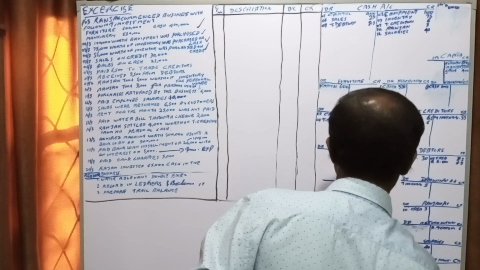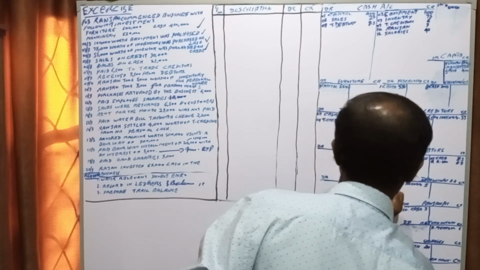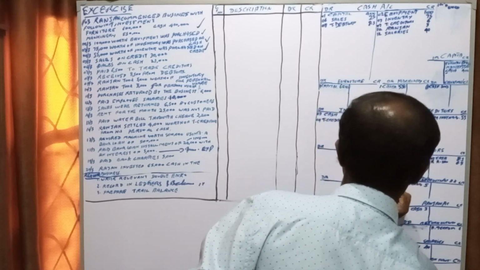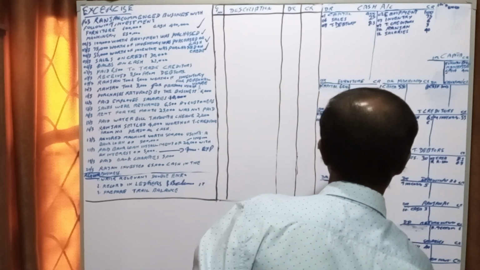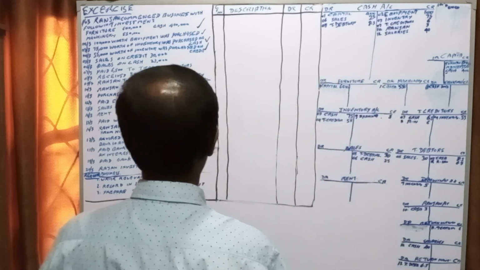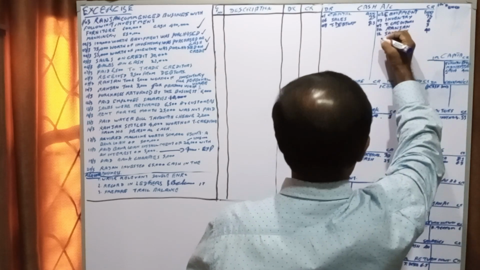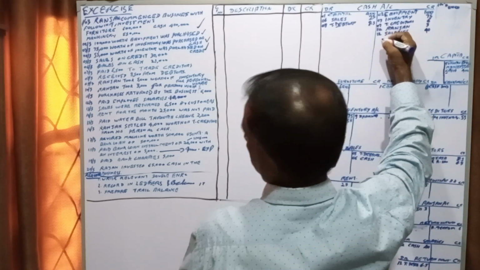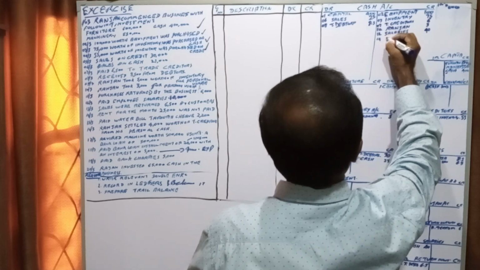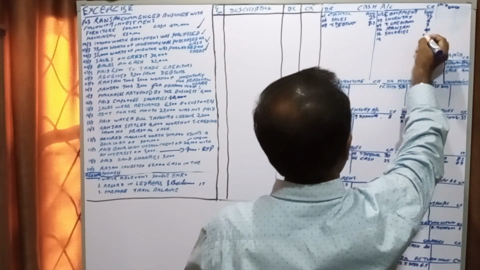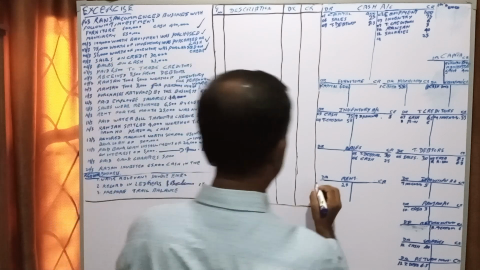We will say rent account, here DR. Debit 25,000 rent account, and cash on 14th, 25,000.